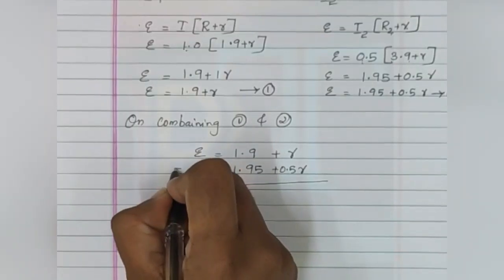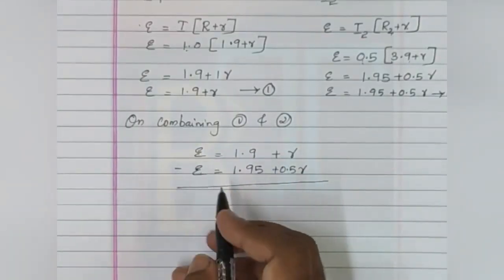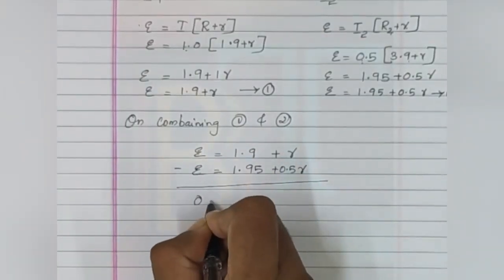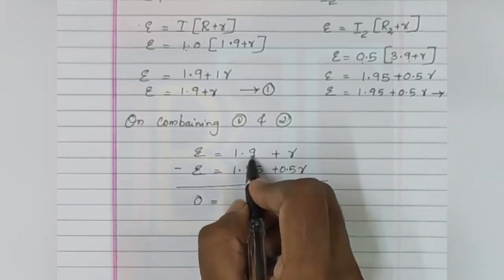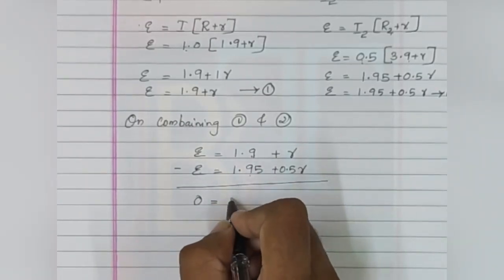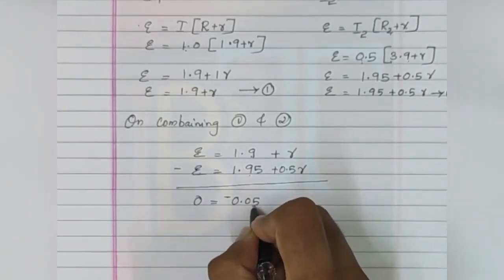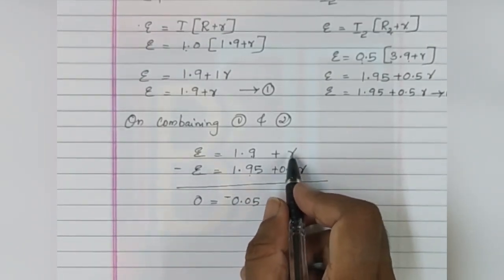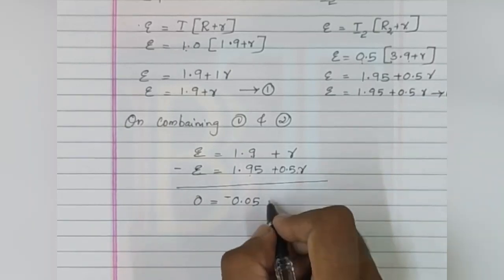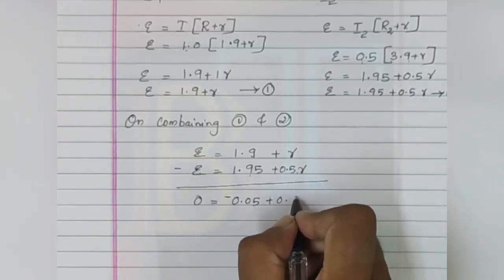We can subtract them. So E minus E is 0, equal to 1.9 minus 1.95, which is minus 0.05, and r minus 0.5 r is plus 0.5 r.